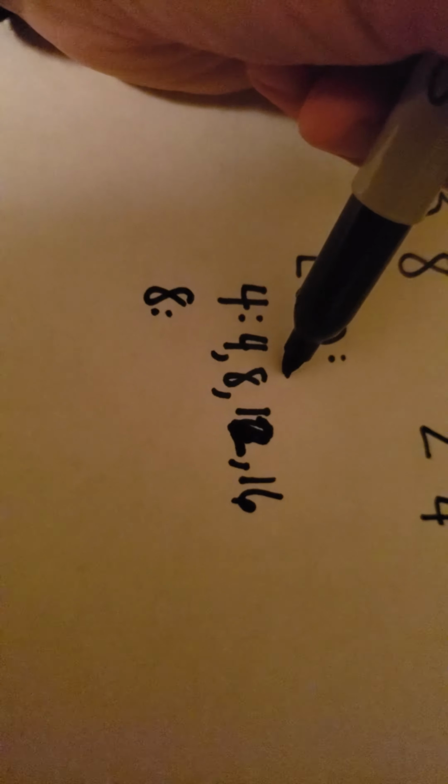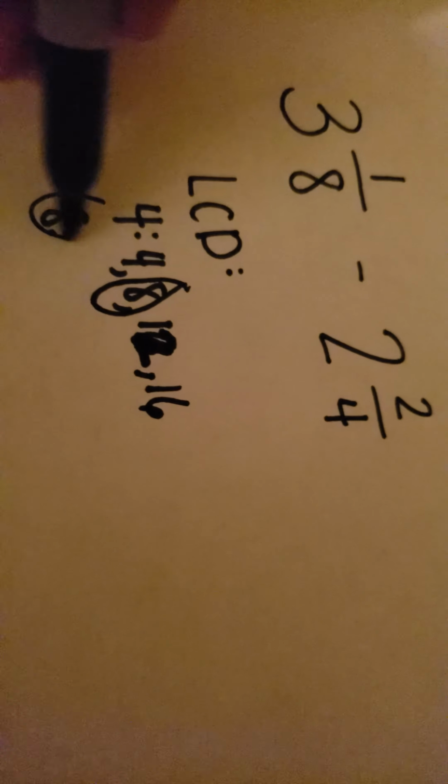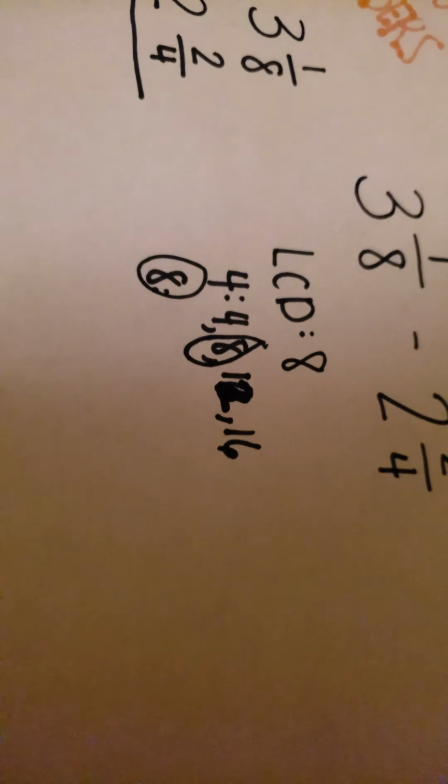Oh, I could have stopped a while back. So I have an 8 here, and this number is 8, so I can go ahead and stop. 8 is going to be my least common denominator.